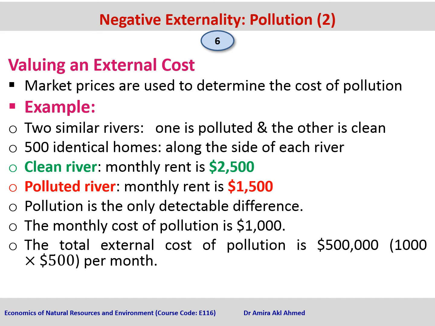If the only discernible difference between the two rivers and the two locations is the pollution, then the monthly cost of pollution is the rent decrease of $1,000.